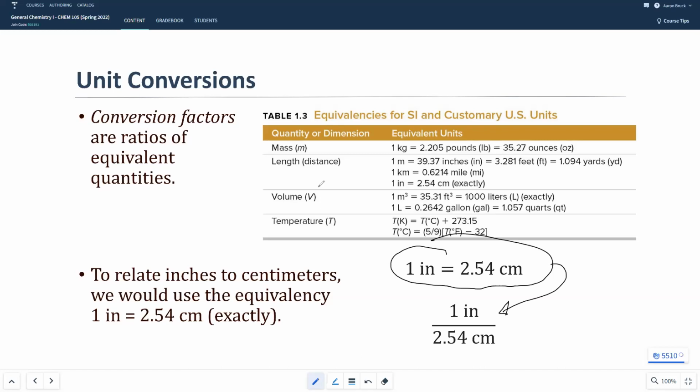That's really what we're all about: taking things that are tied together by equal signs, equivalent quantities, and saying I can use that because they are equal, and I can use it as a fraction to convert from one unit set to the other.